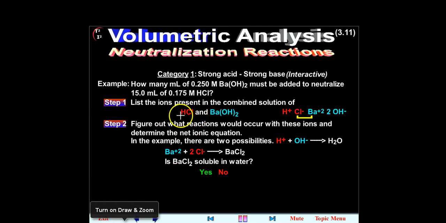All right, I want you to write this equation. I want you to write the balanced equation for hydrochloric acid with barium hydroxide to produce water plus barium chloride.